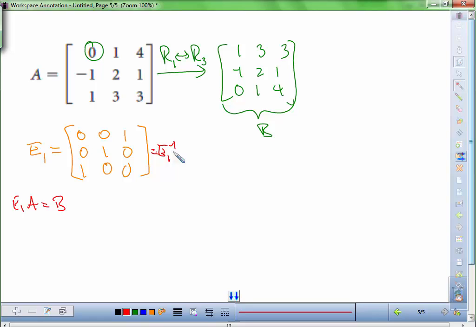If we take a matrix and we swap row 1 and row 3, and then we take that same matrix and swap row 1 and row 3 again, what do we get? We get back the original matrix, right? So that sounds like it's the inverse. Okay, good.